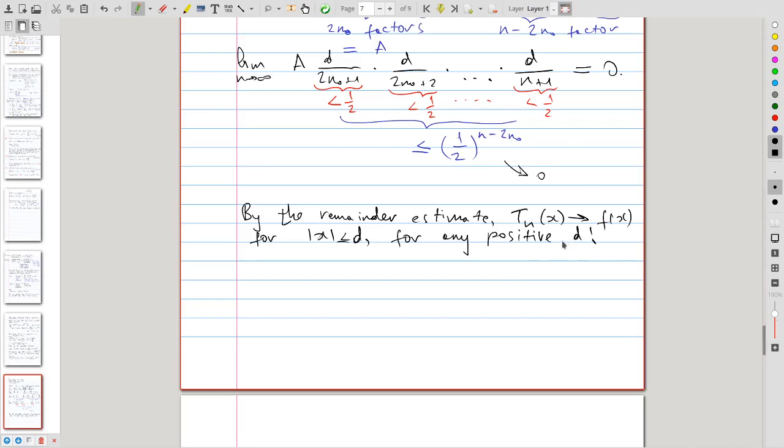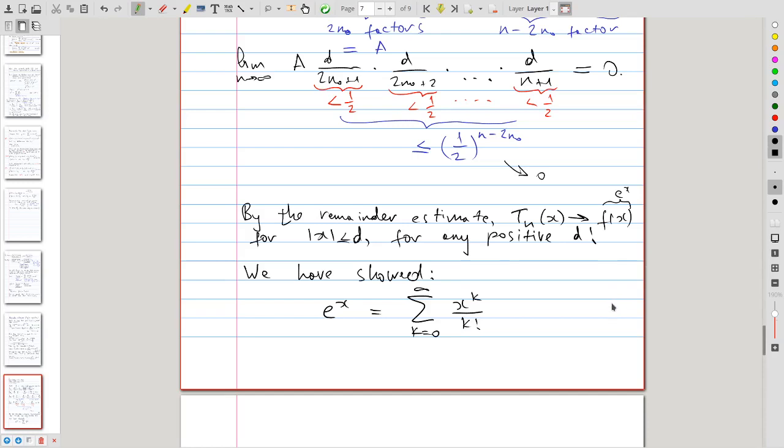Since d is any positive number, this means that for any x, Tn of x goes to f of x, right? The nth partial sum of the Taylor series goes to its function, e to the x. And so we have showed that e to the x is equal to the sum from k equals 0 to infinity of x to the k divided by k factorial.